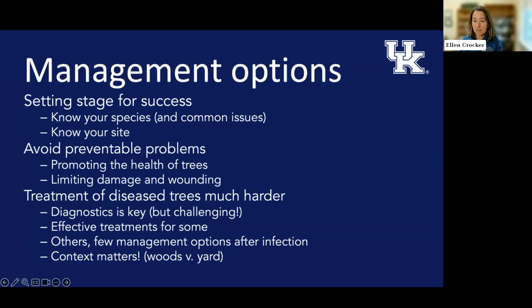Someone mentioned fruit trees earlier. The options available for those are going to be really different than, say, in a woodland setting when you're dealing with many hundreds of trees over acres. That's really going to change what your management would be. So that context really matters depending on where those trees are growing and what your options are.